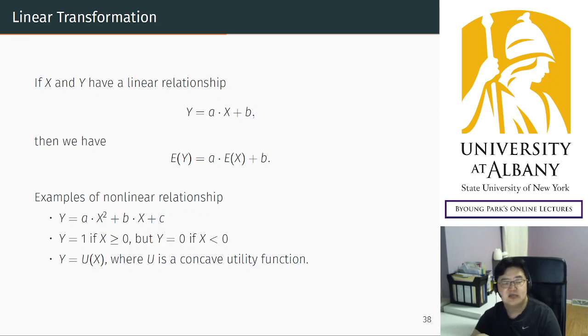This is what we learned, and it is very useful. If you are interested only in the mean of the new random variable, what you need is the linear relationship, which is usually obvious, and also you only need the mean of the original variable. You do not need to know how the probability is distributed. You just need the mean, right? So it simplifies a lot of work. However, what's important here is that the relationship must be linear.